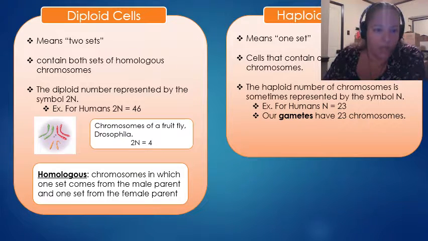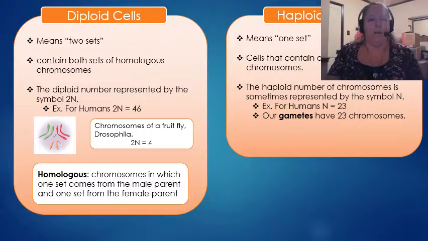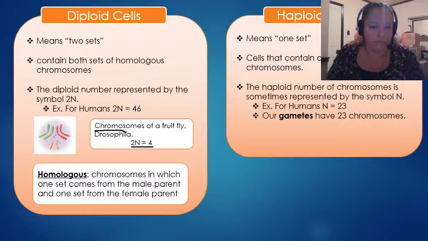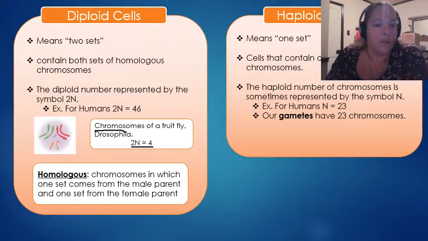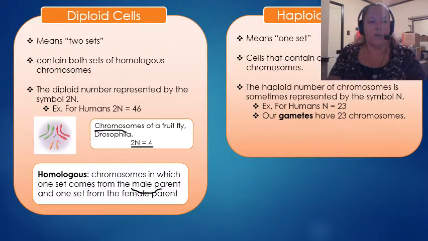In a fruit fly, the number of chromosomes is going to be 2n equals 4. So homologous pairs are chromosomes in which one set comes from the male parent and the second set comes from the female parent.